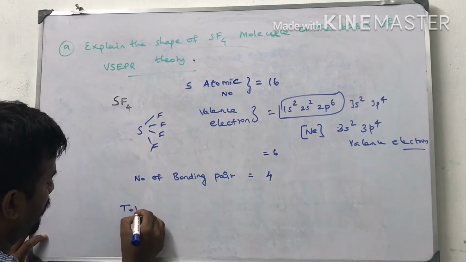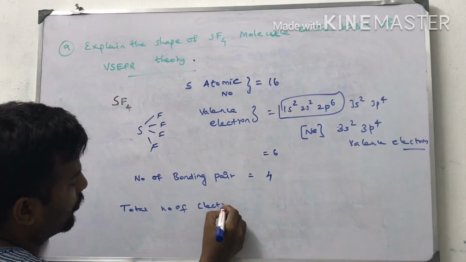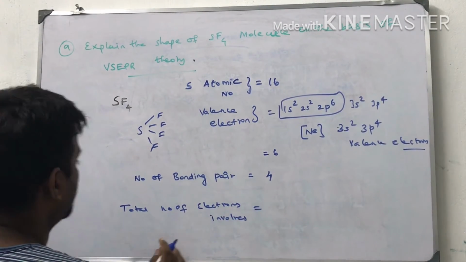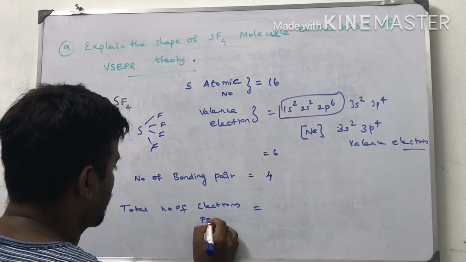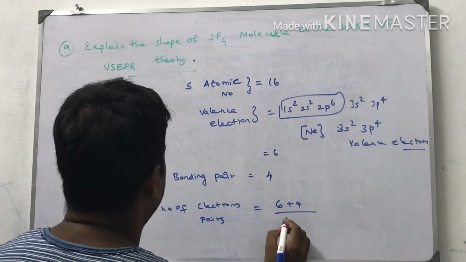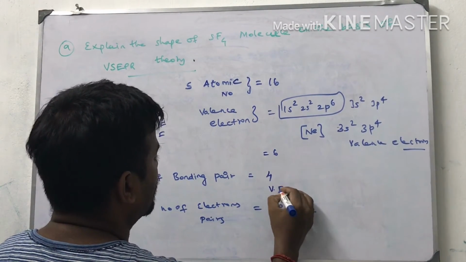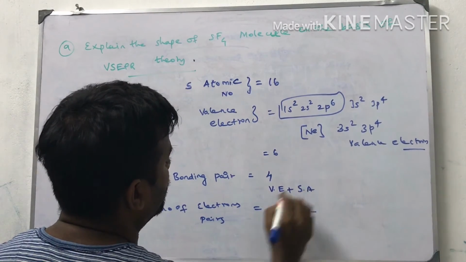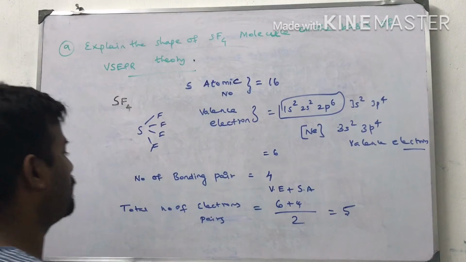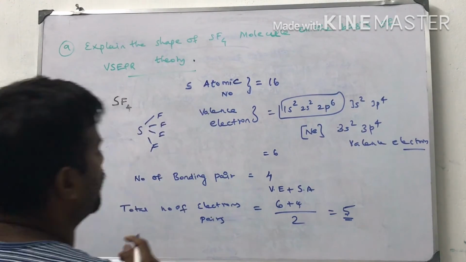Then total number of electron pairs equals 6 plus 4, that is valence electron plus bonding pair. The valence electron plus surrounding atoms or bonding pairs divided by 2 is equal to 5. So total number of electron pairs is 5.